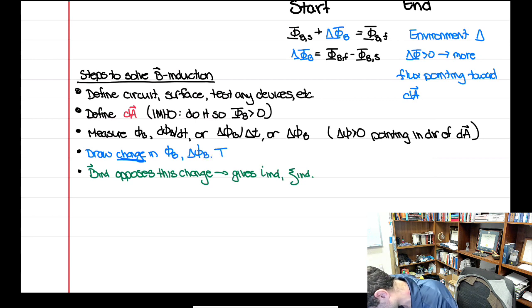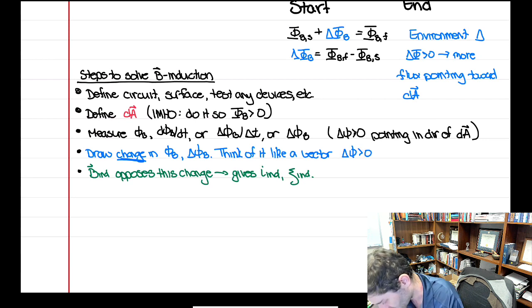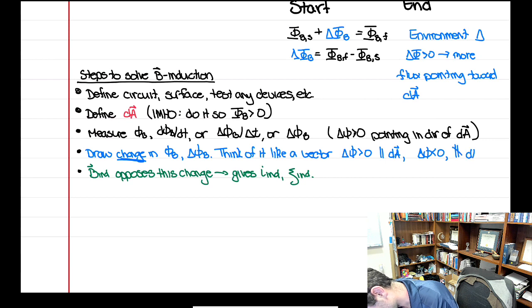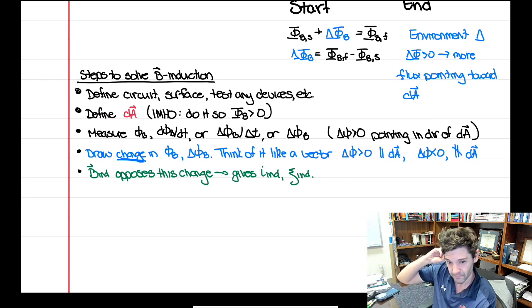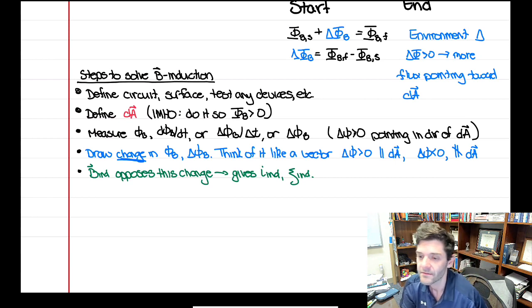And we can think of it like a vector. Where a delta phi that's positive is parallel to dA. A delta phi that is negative you can think of as anti-parallel to dA.